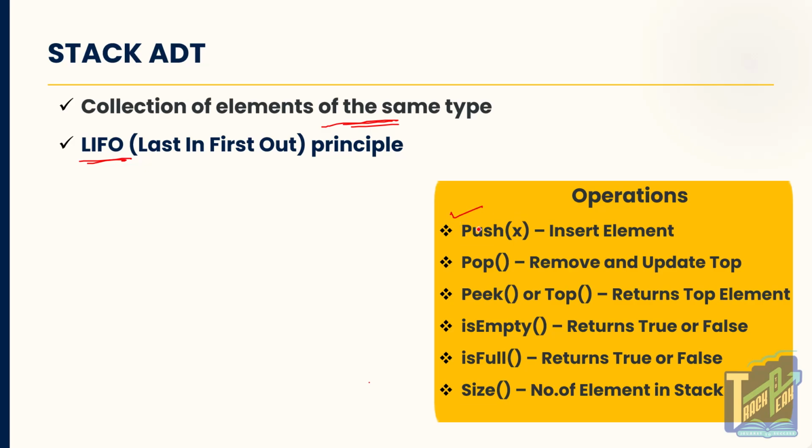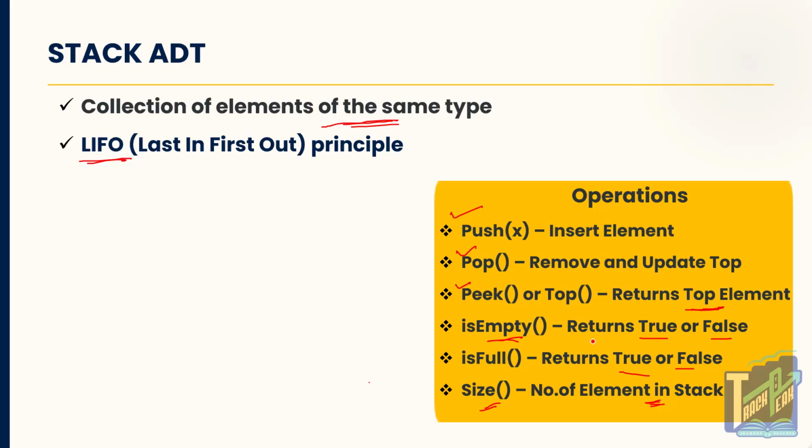Push inserts the element, and pop removes the element and updates the top of the stack. Peek or top returns the top element of the stack. Is empty checks whether the stack is empty or not, returning true or false. Is full checks whether the stack is full or not, also returning true or false. The size function calculates the number of elements stored in the stack. These are the operations performed in a stack.